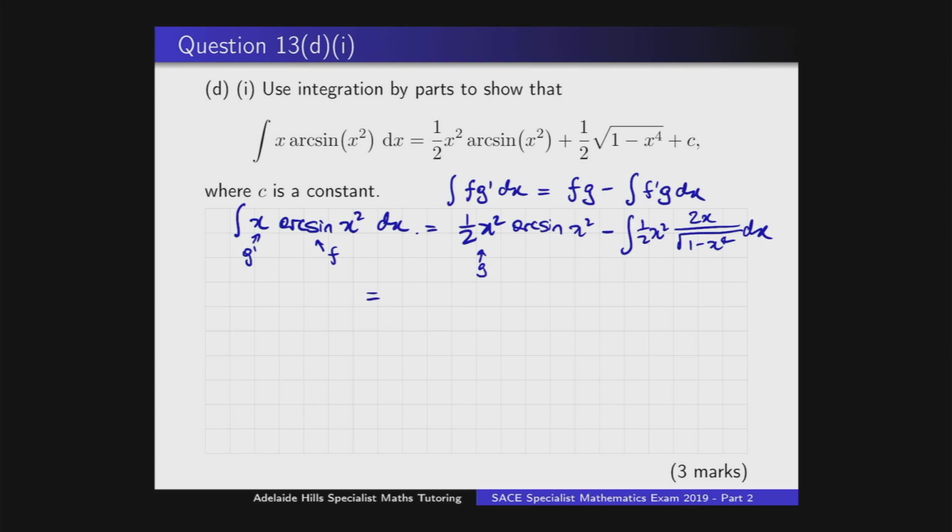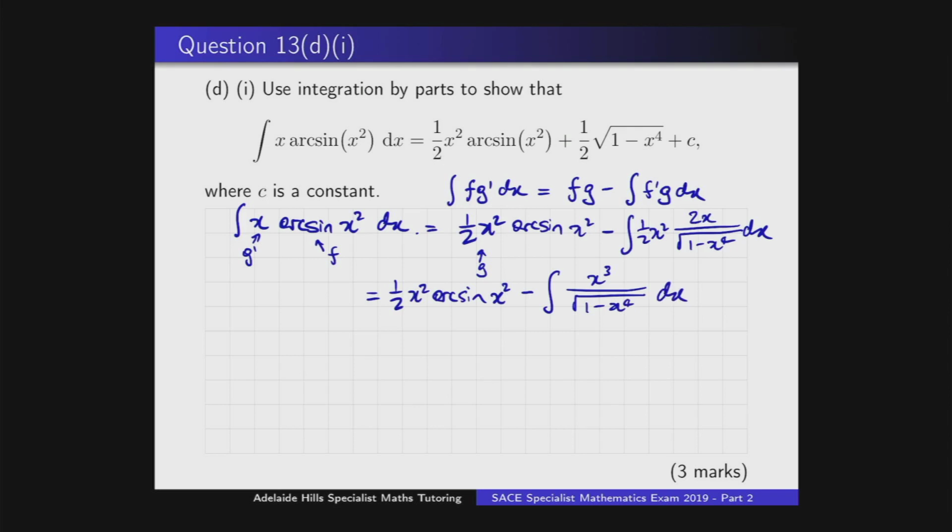Now we can't really do much to that first term, that's 1/2 x squared arc sine x squared. And in this other term, we can cancel the 2 and the half. They cancel each other out. And we get x cubed over the square root of 1 minus x to the 4.